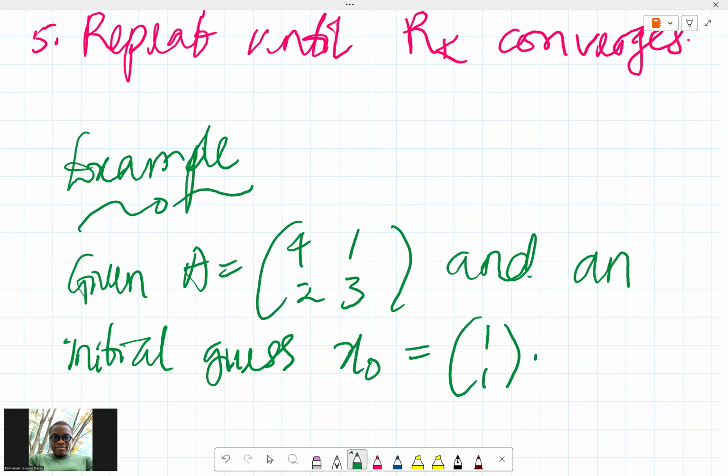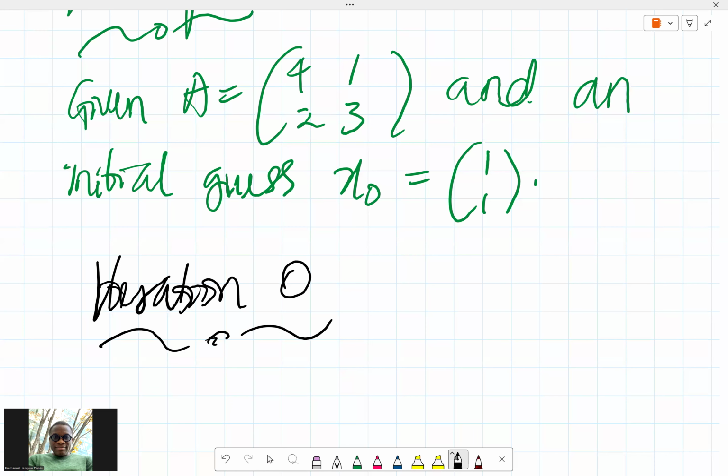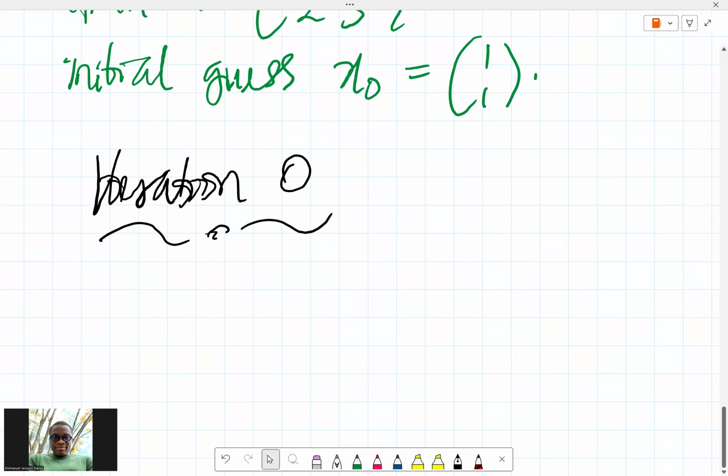That's the usual thing we'd take. So let's go for the first iteration. Let's call that iteration 0. We can call it iteration 1 also, that's okay.